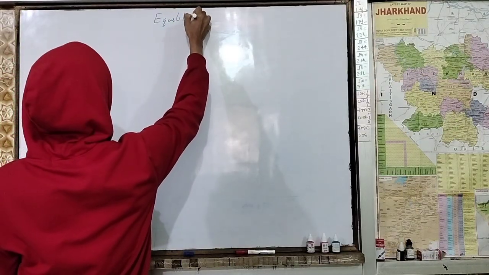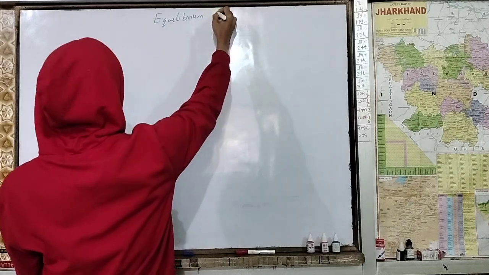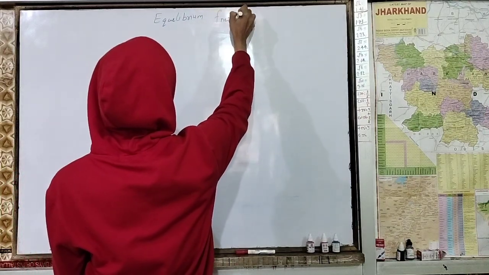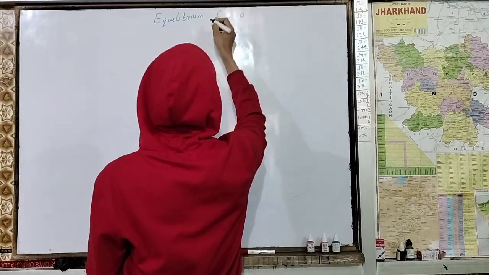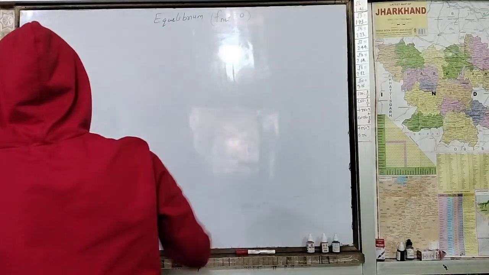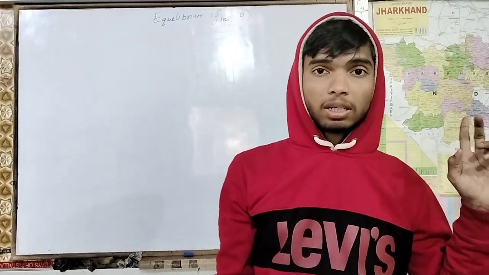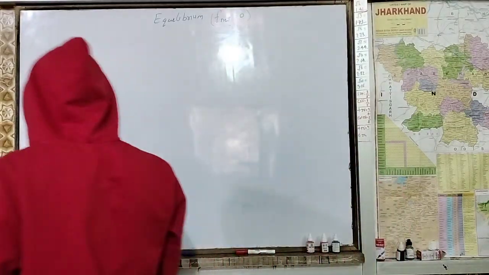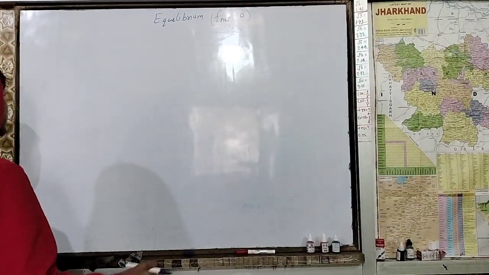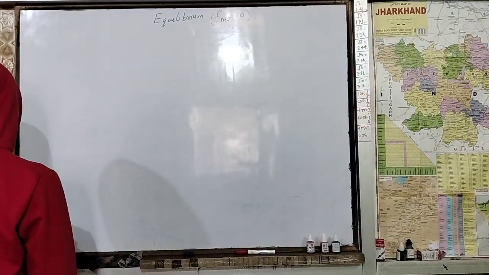F net is equal to zero means net external force is equal to zero. If a body is at rest, the body will stay at rest. If a body is moving with constant velocity, it will keep moving with the same velocity. That means there is a net external force which is zero. So this is the definition of equilibrium.